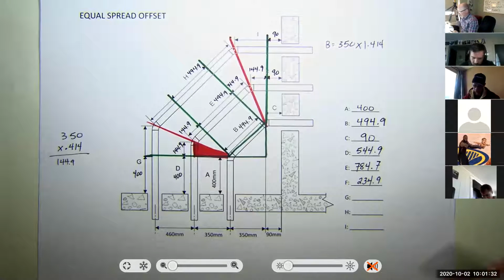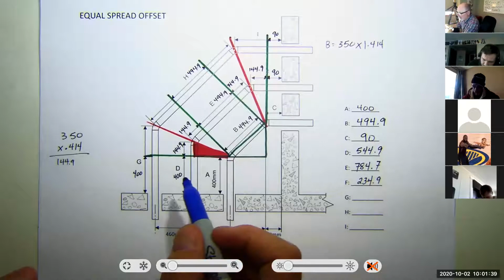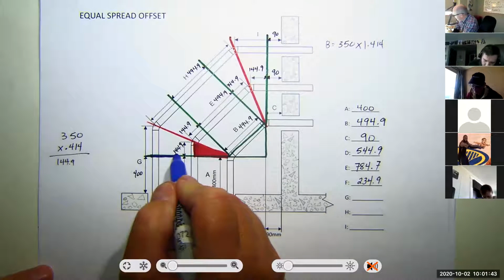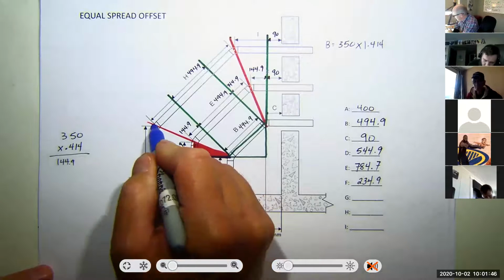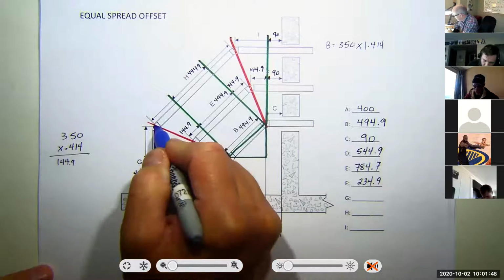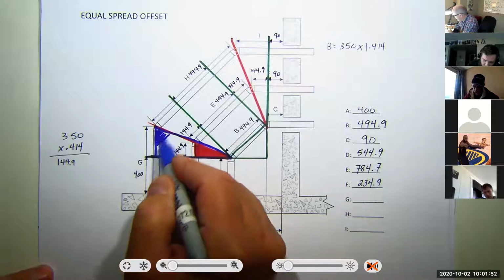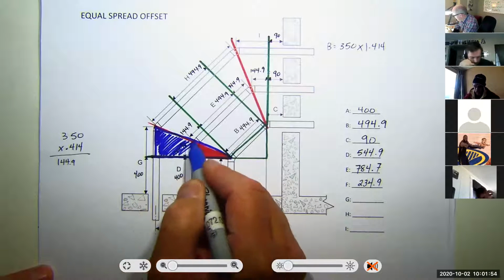Now, the next step, I'm going to use a different color here. I'm just going to draw a bigger 22.5-degree right angle triangle. Here it is. And I'm going to color it in just so we can see it really clearly.